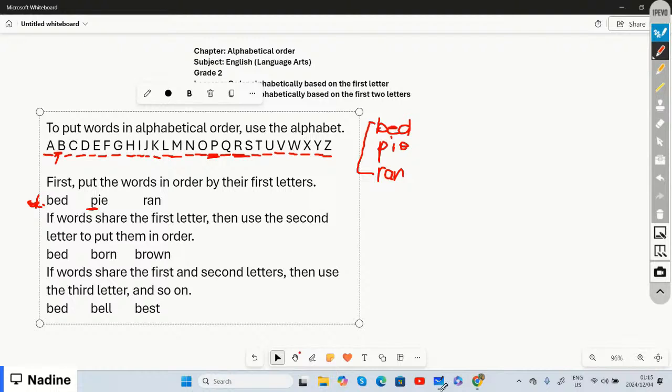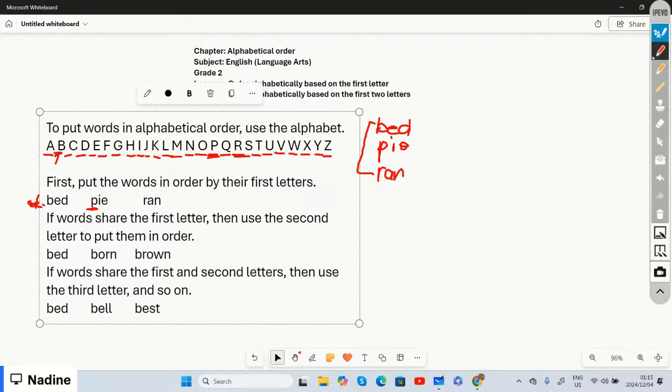All right. So we need to then put the words in alphabetical order. Even if the words were to have the same first letters, then we look at the second letter.